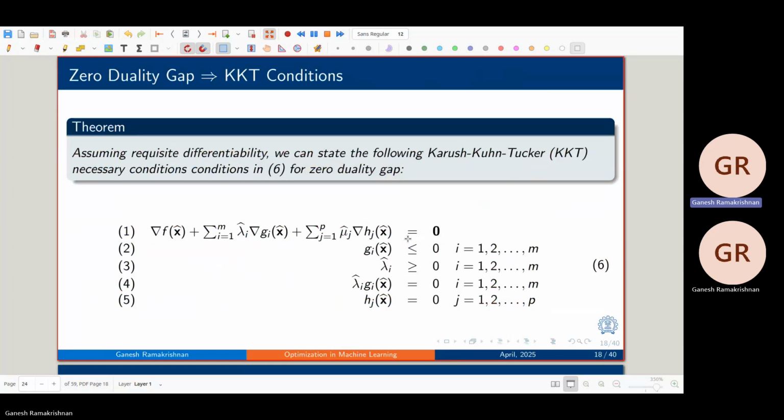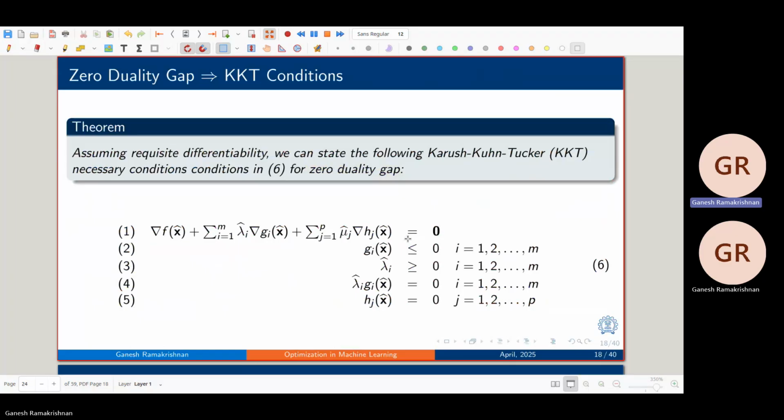I'm going to just add summation over j of mu j gradient of Hj at x star equal to 0, but with no constraints on mu. Of course, some other constraints will remain.